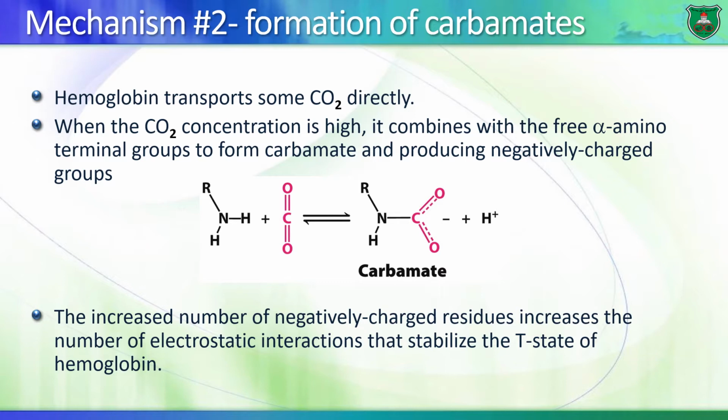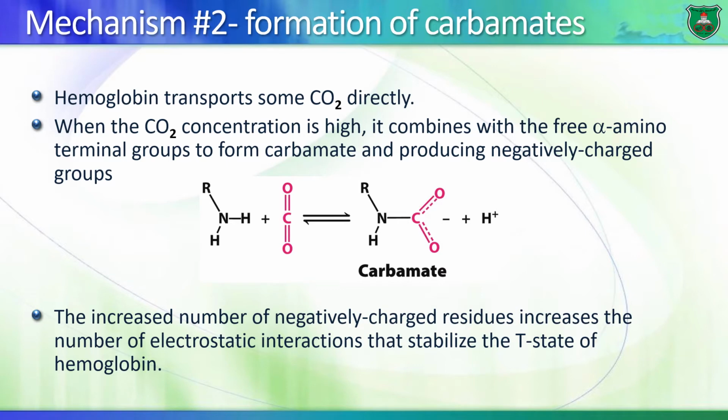That is, you have more electrostatic interactions that can take place, and this stabilizes the T state of the hemoglobin molecule. So we have two mechanisms, right? The first mechanism is that CO2 can form hydrogen ions, lowering pH, and the second mechanism is that CO2 can bind directly to the hemoglobin molecule, stabilizing the T state.